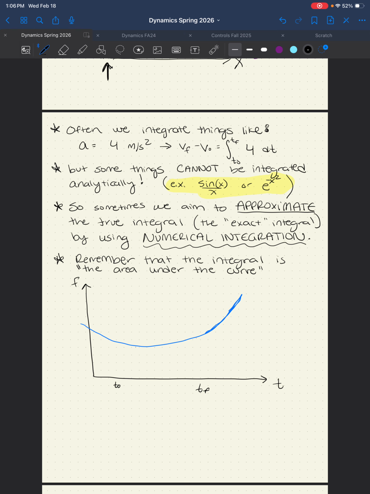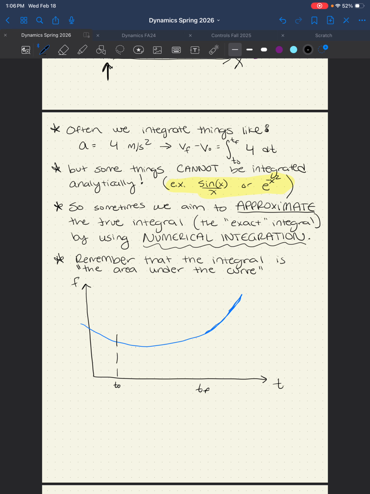Okay, so the basis of the way that we build up this idea of numerical integration is going back to this very visual reminder of what an integral is. Sometimes in calculus, you'll learn that the integral is the area under the curve, right?